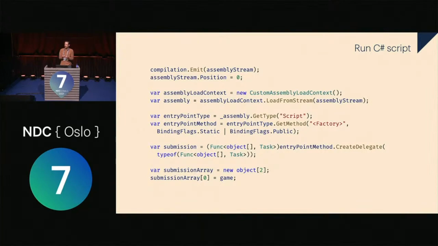So I must make sure that the submission array is large enough for the number of times I call the entry point. In this case, I'm only going to call the entry point once, so it's good enough to have an array length of 2 here. And then I can just do it, and the script will run. My object model will be created, and everything will be fine.